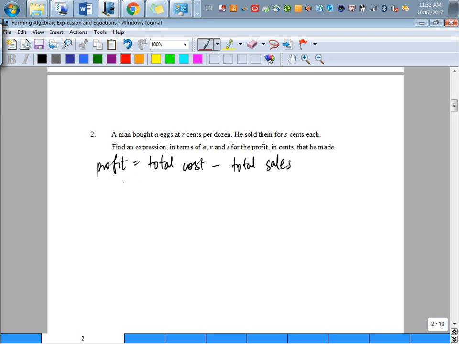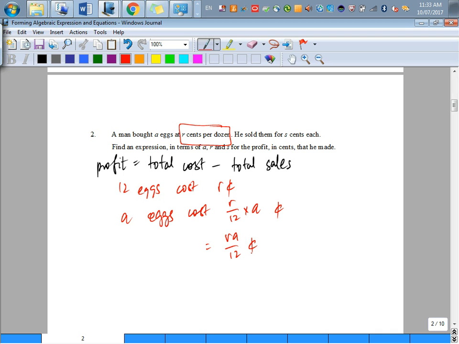So, 12 eggs. 12 eggs cost R cents. And how much do A eggs cost? Okay, so this answer will be A over 12 R cents.